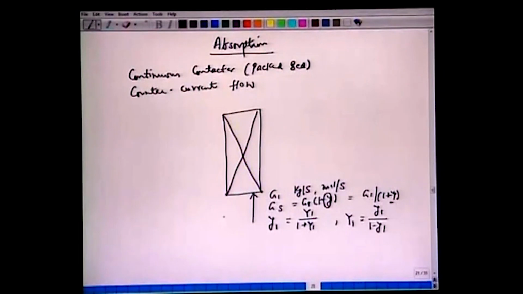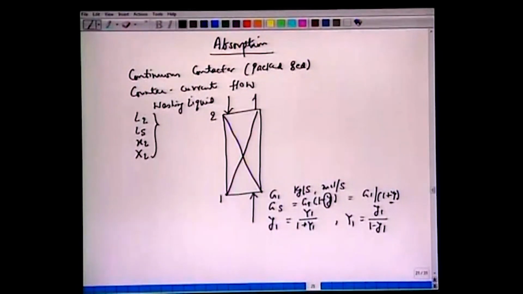So, this gas phase is brought counter currently in contact with the washing liquid solvent. It has a flow rate L2. So, we denote here 2, and here 1. So, we can have LS, we can have X2 and capital X2.